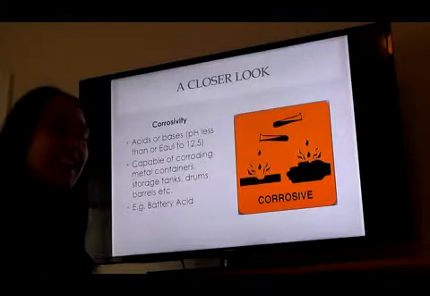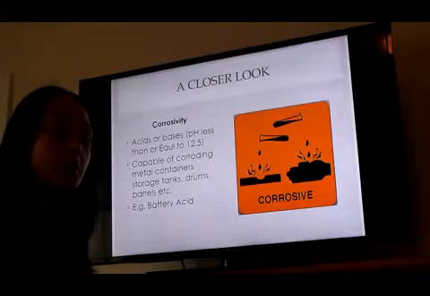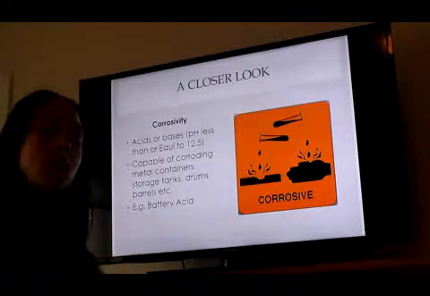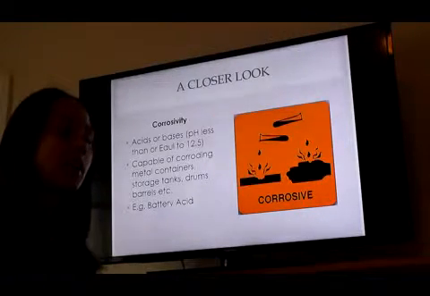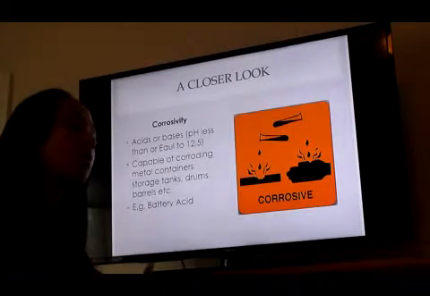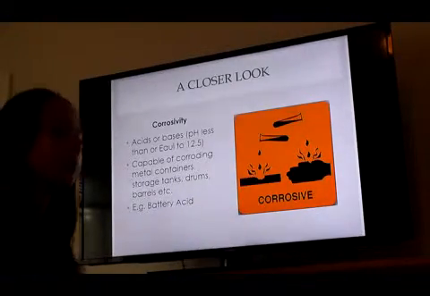Corrosivity is acids or bases with a pH less than or equal to 2 or greater than or equal to 12.5, capable of corroding metal containers, storage tanks, drums, and barrels. An example of this is battery acid. And for corrosive, I have an example right here in this sign as well.